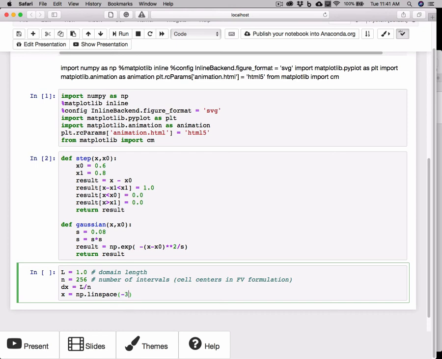So we're going to start from minus 3.0 times dx over 2. And we're going to go to L, which is the edge of the domain, plus two ghost cells, plus delta X over 2, plus delta x. So L plus 3 delta x over 2. Okay? L plus 3 times dx over 2. How many intervals? So we have n plus 2 on each side, so n plus 4. Okay?